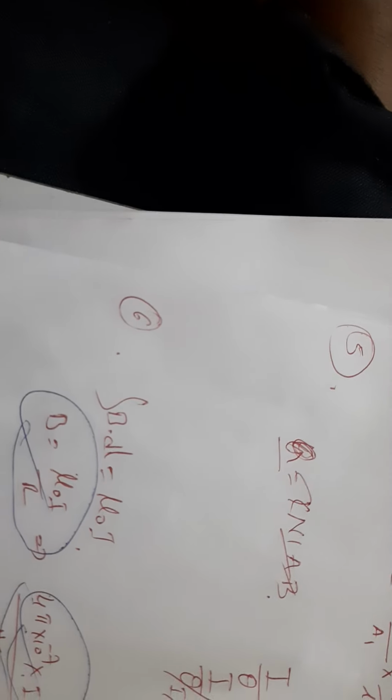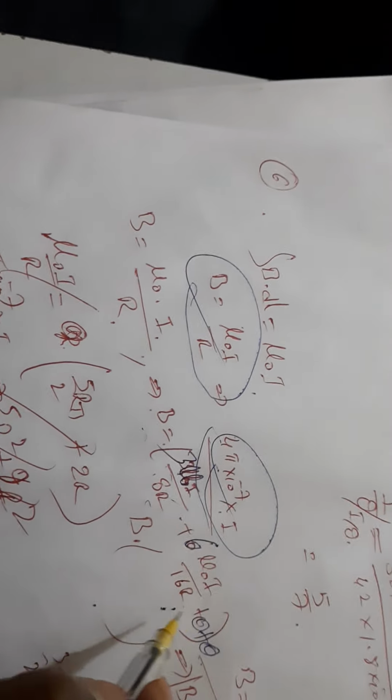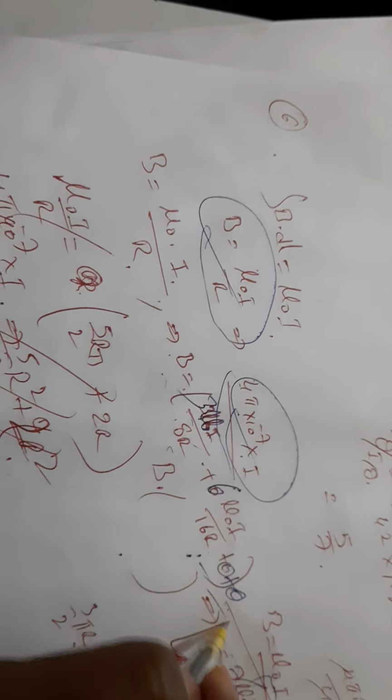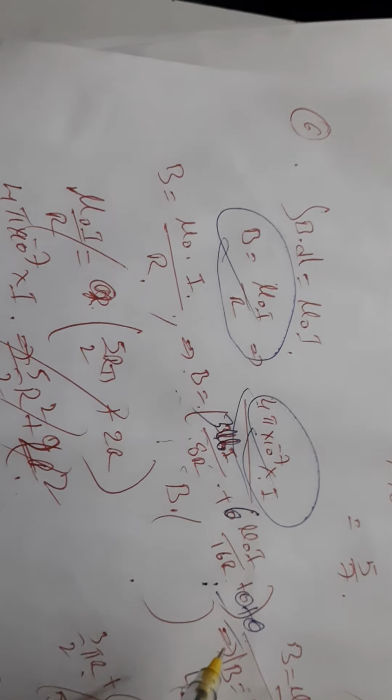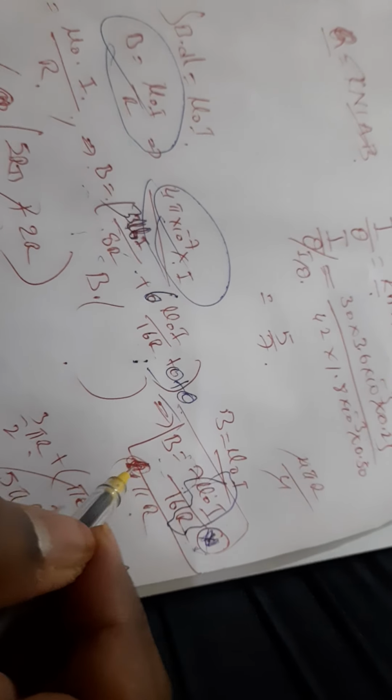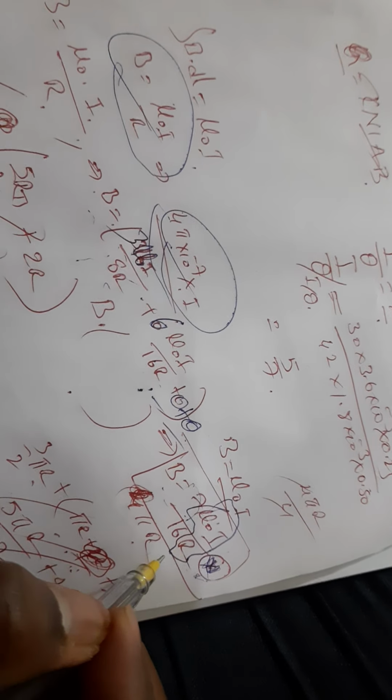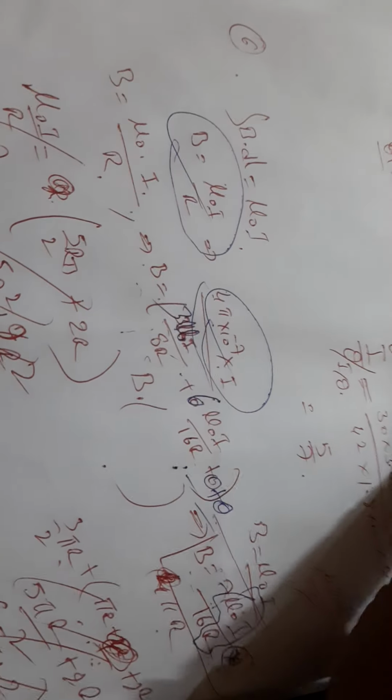So here you can see 3 mu naught I by 8R plus 6 mu naught I by 16R, the other two points are 0. The summing of all this magnetic field due to the wire at a point gives us B equal to 7 by 16 mu naught I by R into the paper.